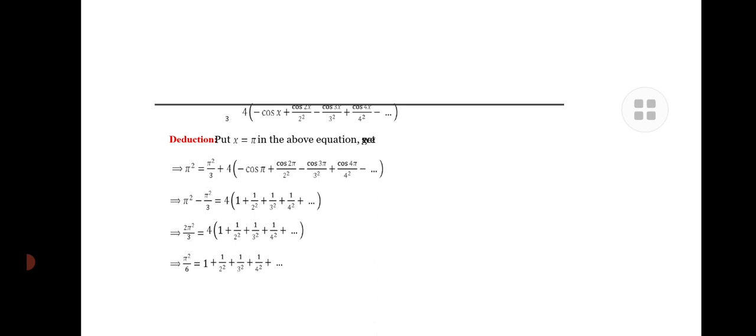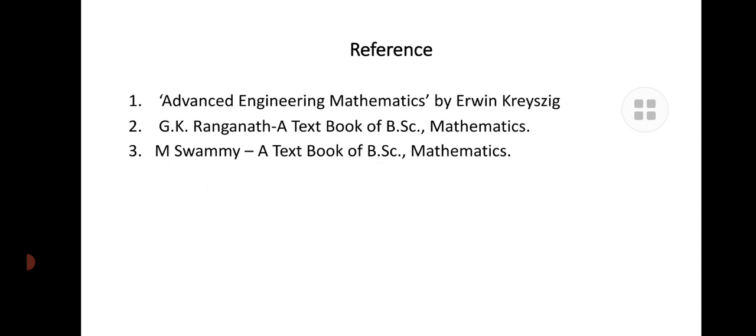Taking the multiple of 2 to the left side, pi square divided by 6 is equal to 1 divided by 1 square plus 1 divided by 2 square plus 1 divided by 3 square plus 1 divided by 4 square and so on. This is the deduction part of the example, and some references that I have taken for making this video. Thank you.